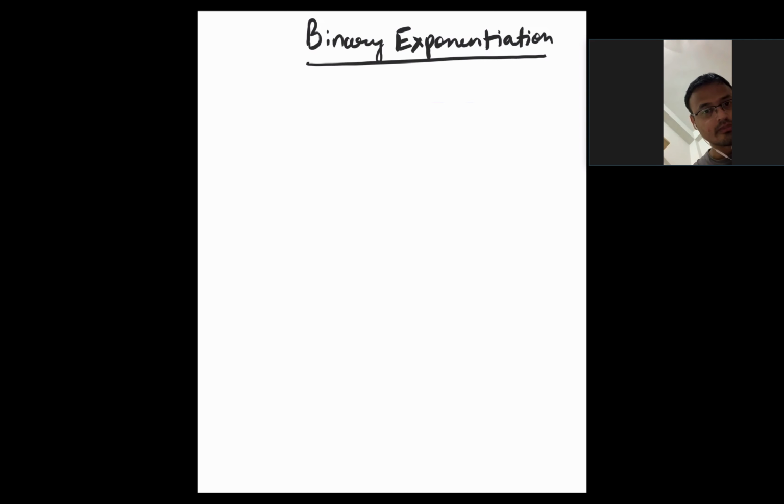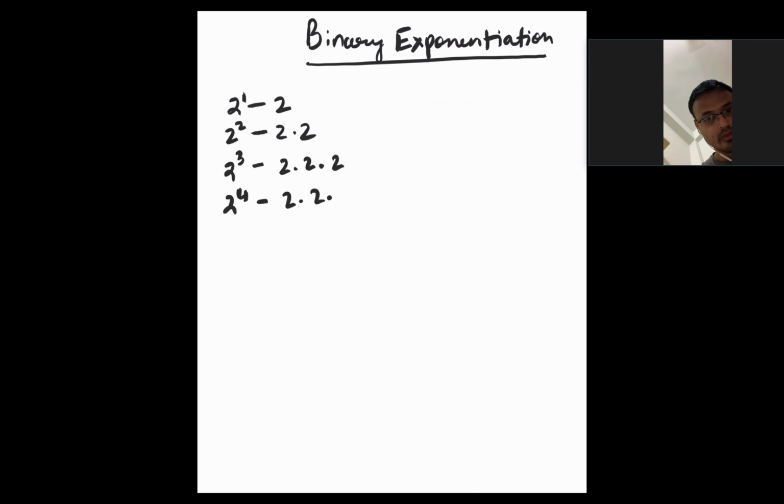So 2 raised to power 1 is 2, 2 raised to power 2 is 2 into 2, 2 raised to power 3 is 2 into 2 into 2, 2 raised to power 4 is 2 into 2 into 2 into 2, 2 raised to power 5 is 2 into 2 into 2 into 2 into 2, and so on.